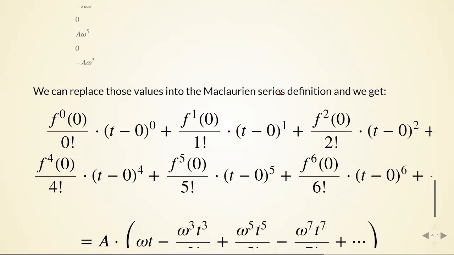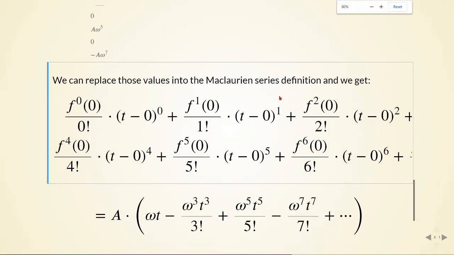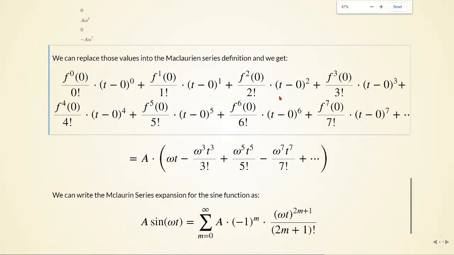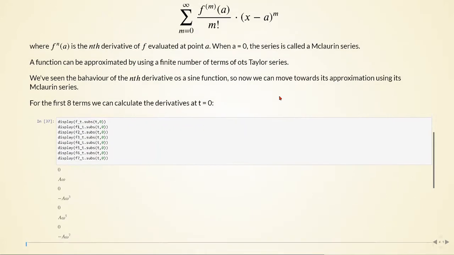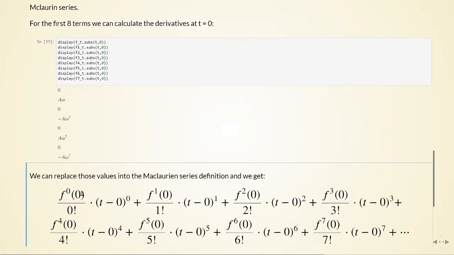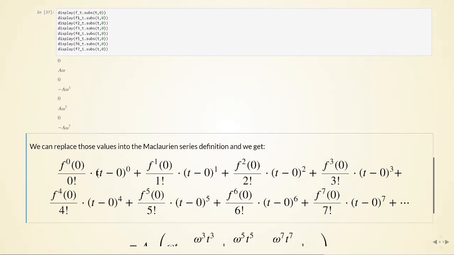So let's do this. Now we will replace the values into this Maclaurin series that we have from the definition. For the first part, when m is equal to 0, we will have t minus 0 to the power of 0.